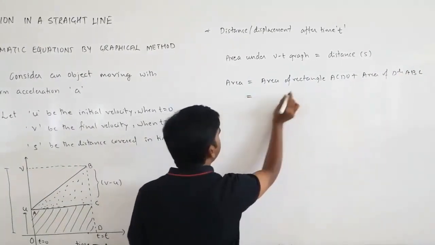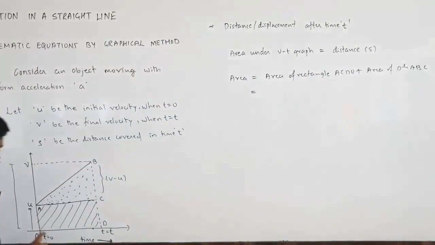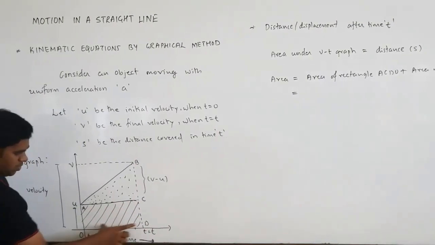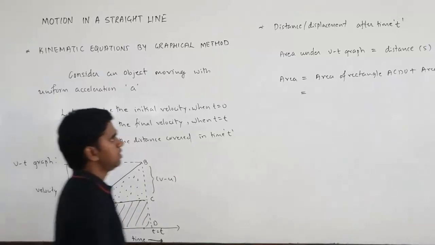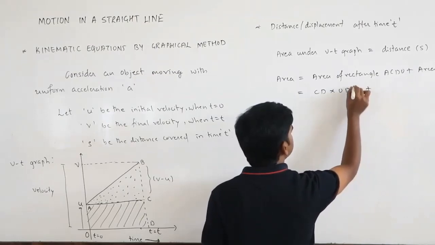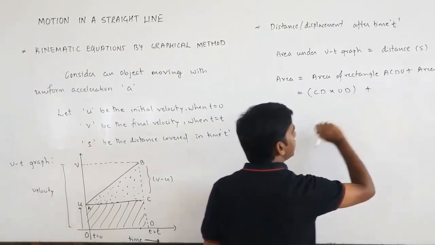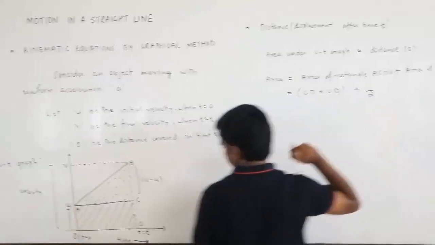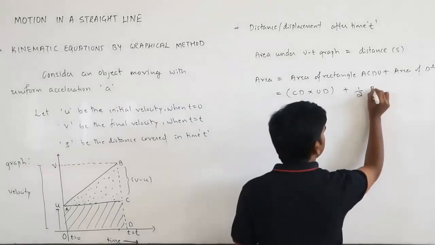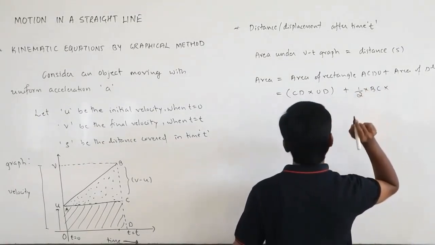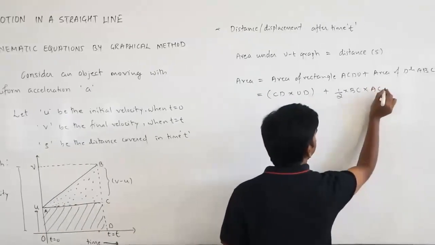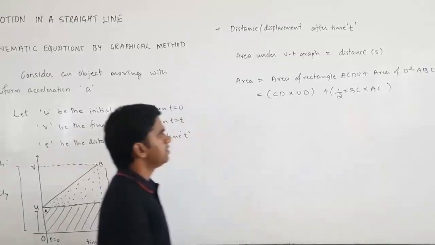Now the area of the rectangle is CD into OD, plus the area of the triangle, half into height into base. The height is BC, and the base is AC. So this is going to be the area of the triangle.